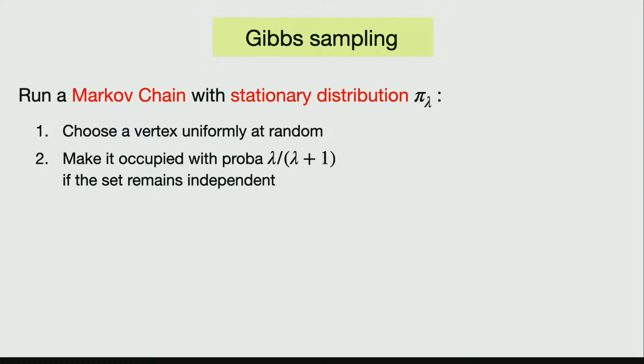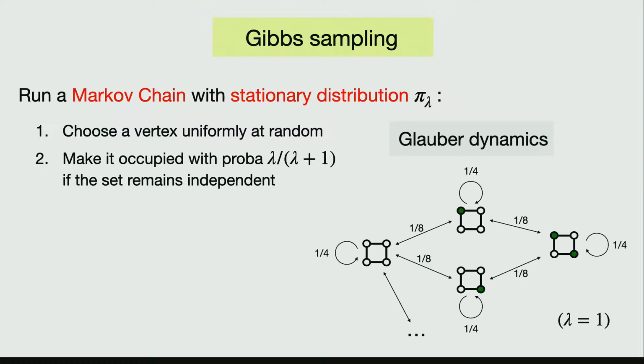So essentially, you choose a vertex uniformly at random, and you make it occupied with a certain probability as long as the set remains independent. So this is called the Glauber dynamics. This is a random walk over the graph of all configurations, and you just do local updates. So it's quite easy to prove that it does converge to the right distribution, the Gibbs distribution.